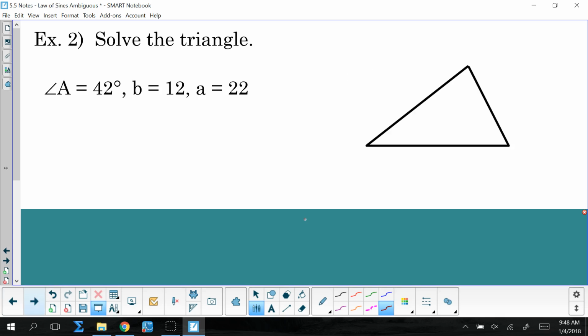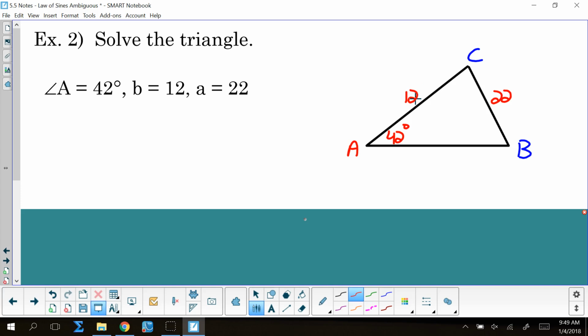Okay? So, example number 2 says, solve the triangle. Angle A. Does it matter where angle A goes? No? Okay? I'm going to put it here. Angle A is 42 degrees. Side A is 22. We'll call this angle B, which would then be angle C. And side B is 12.